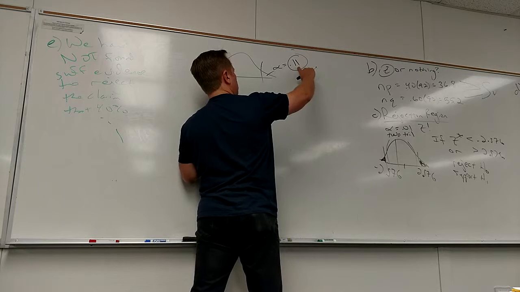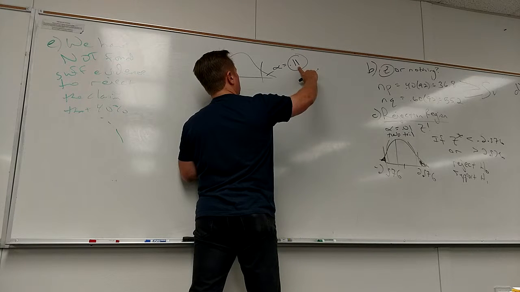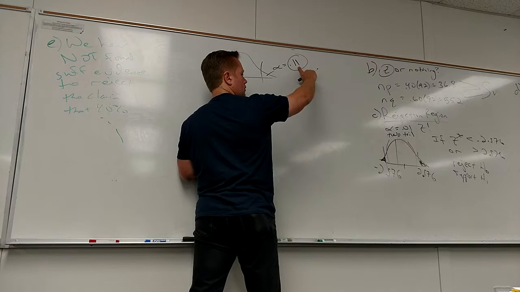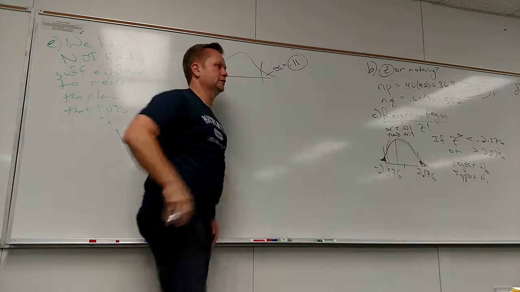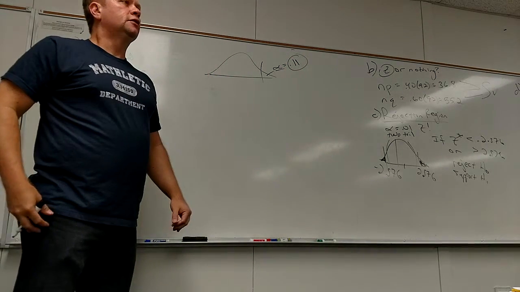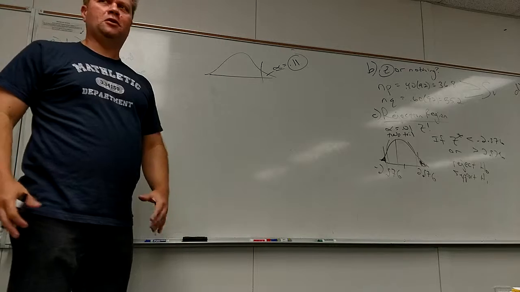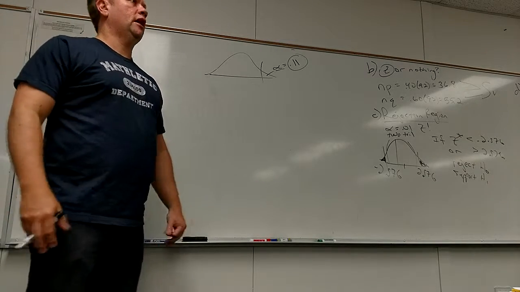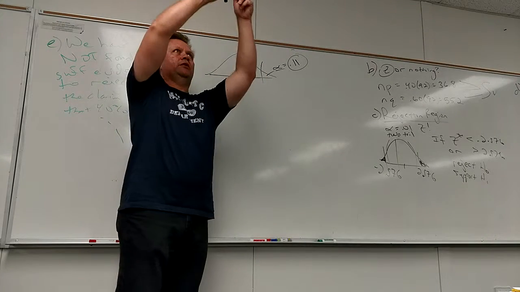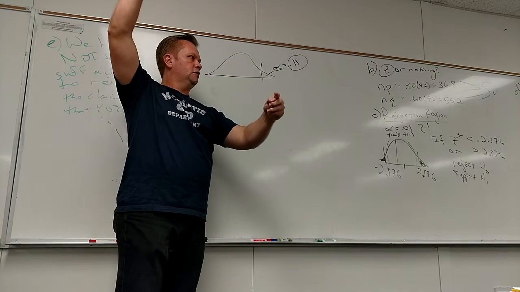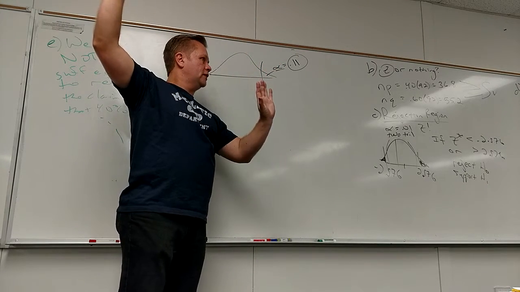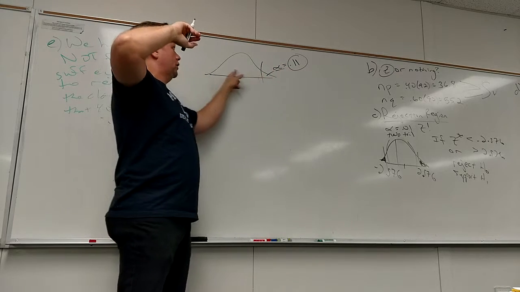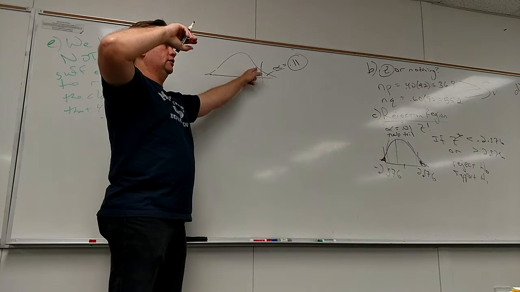Is this a Z-score? It's alpha. What is alpha physically? It's an area. I need the Z-score. So I'm not going to look out here for 0.11. This is an area. What area should I look up to find the Z-score directly?